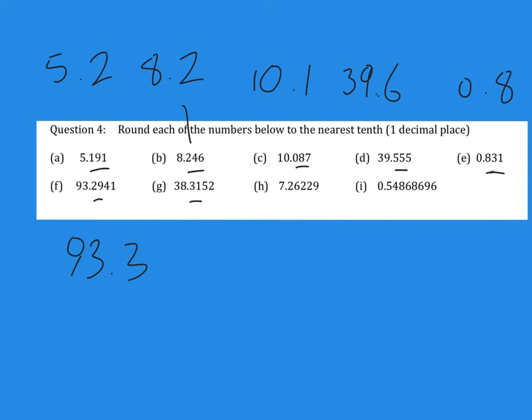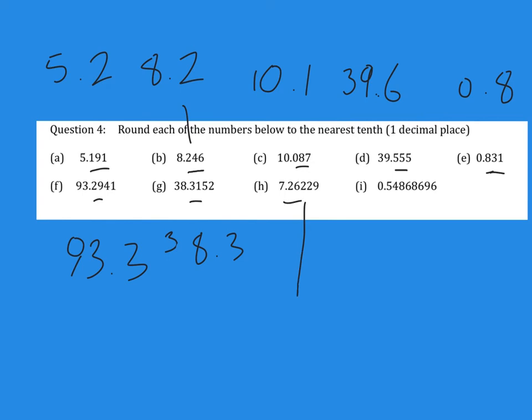Is it closer to 38.3 or 38.4? It's closer to 38.3 because it's 31. So I don't know why I've put the decimal point there, take that out. So 38.3.